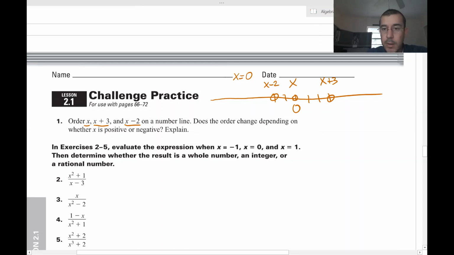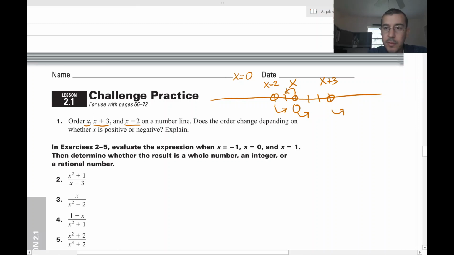If x is 1, 1 plus 3 would be 4. So if we move x 1 to the right, now x is a positive number, x is 1, x plus 3 is 4, so this moves also 1 to the right. x minus 2 is minus 1, so this also moves 1 to the right. Now, if x is minus 1, so x moves 1 unit to the left.